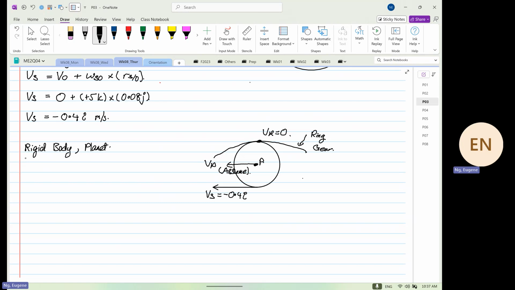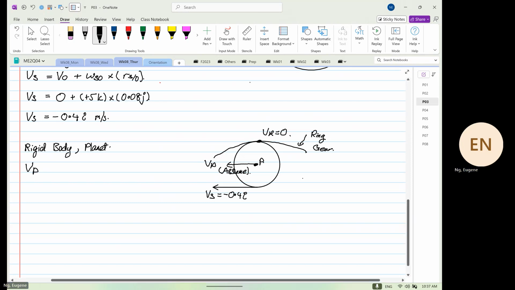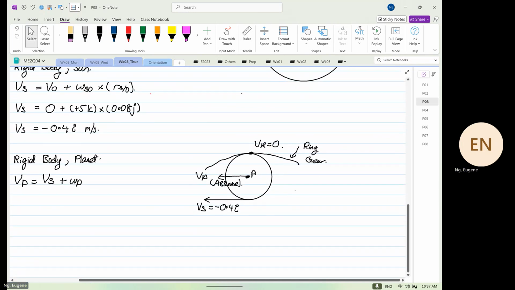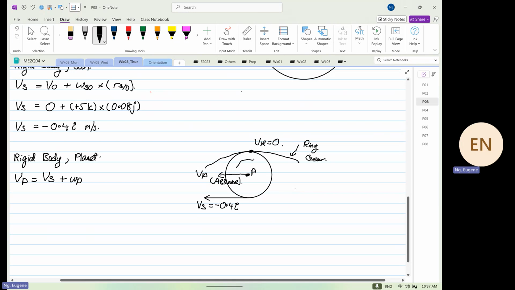We write VP, velocity of the planet, is equal to Vs plus omega p cross R, P on point S. We assumed the omega p direction, and we are very comfortable with that, going in this direction.